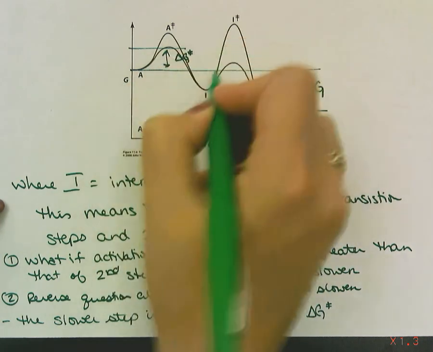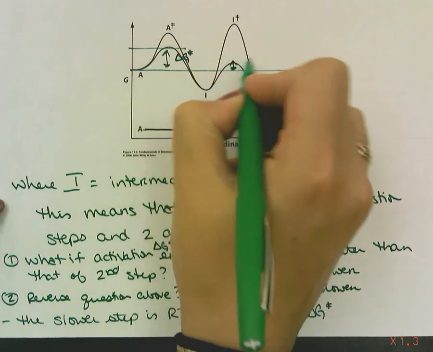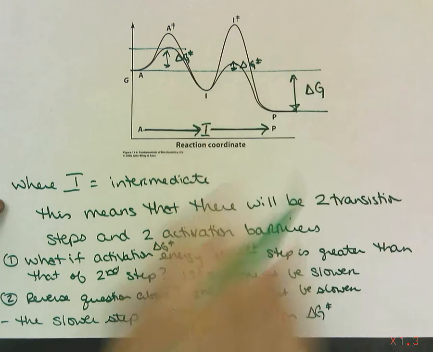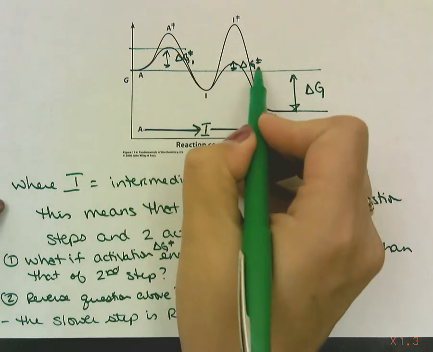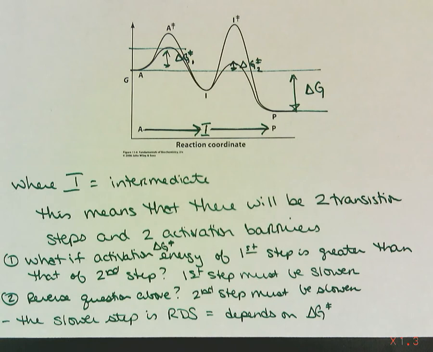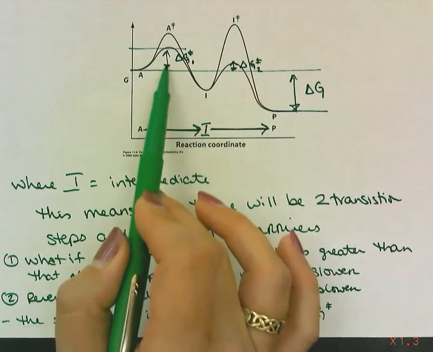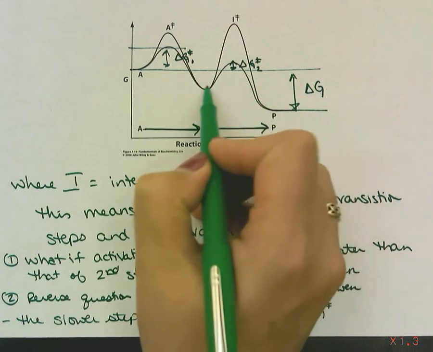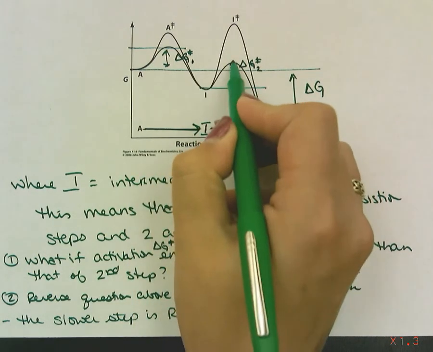I'll explain why I have two sets of lines here in a second. All right, so I have two different delta G double dagger steps. I have one from here to here. Oh, that one should be there, there.